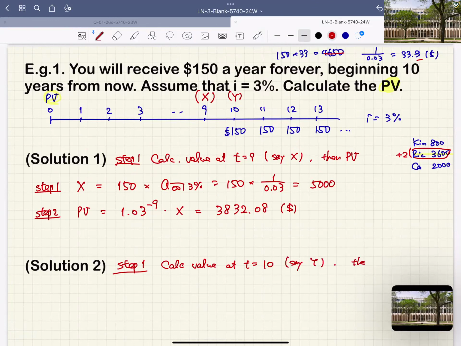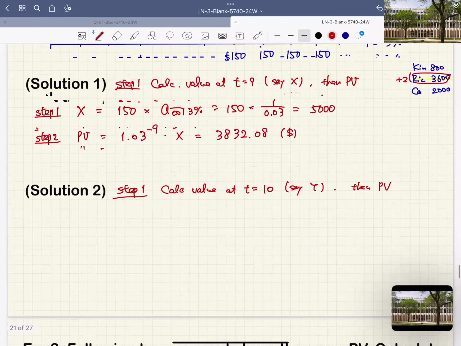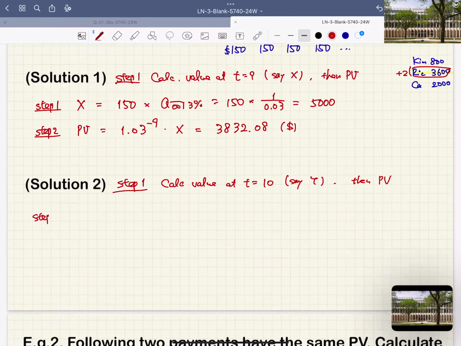In this case, we use the formula for a double dot angle infinity. So 150 times a double dot angle infinity at 3%, which is 150 times 1 plus 1 over 0.03, so that is 5,150.